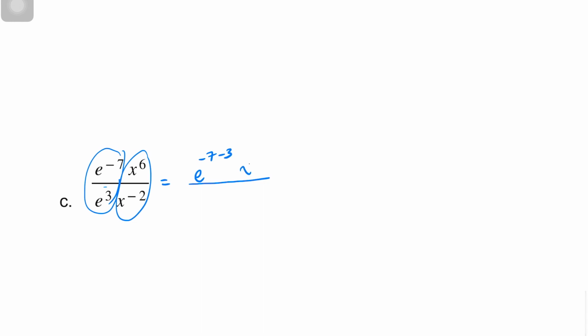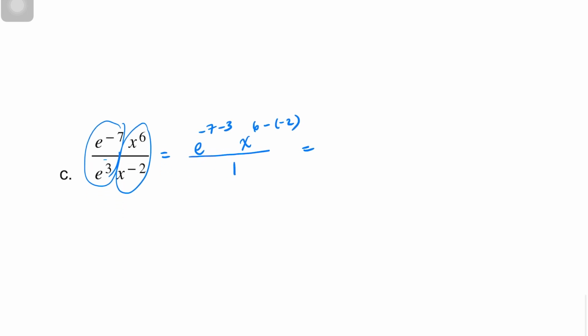And then lastly here, we have two variables, well, one variable and one value e, but nonetheless here we can combine these two and combine these two. So I can do it in two different ways, but I'm going to try this. E to the negative 7 minus 3, because this could be subtracted. Same thing here, x to the 6 minus negative 2, all over 1, there's still a 1 on the denominator.